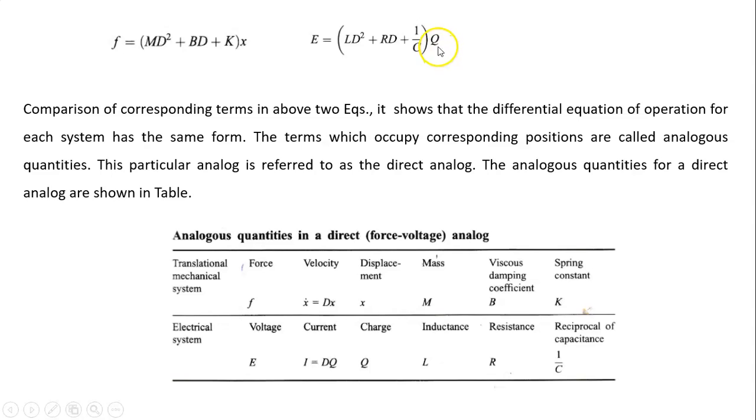F is equal to E. Mass M is equal to inductance L. Viscous damping coefficient B is equal to resistance R. And spring constant K is equal to reciprocal of capacitance, that is 1 upon C. Therefore, this analog is known as direct analog.